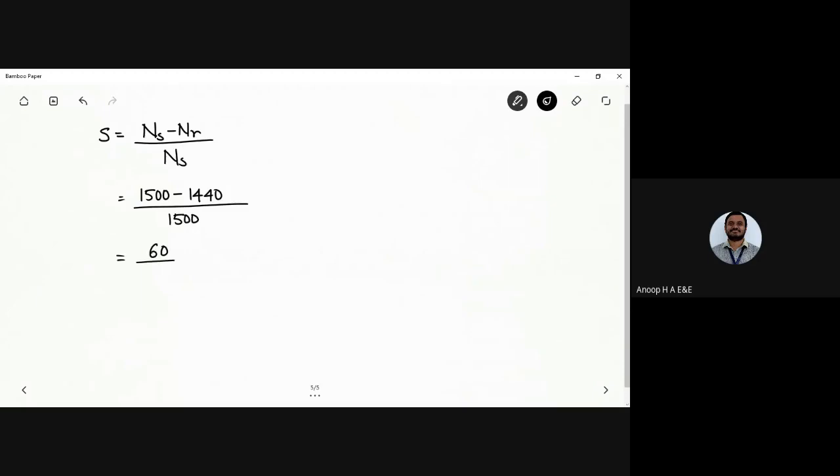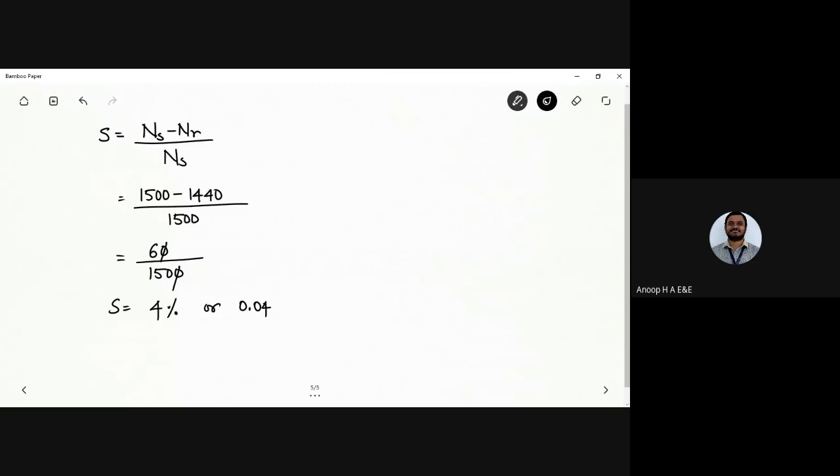That is 60 divided by 1500. So 6 divided by 150, that is 60 divided by 1500. So I'll be getting the value of slip as 4% or 0.04. All right. So that's the value of slip.